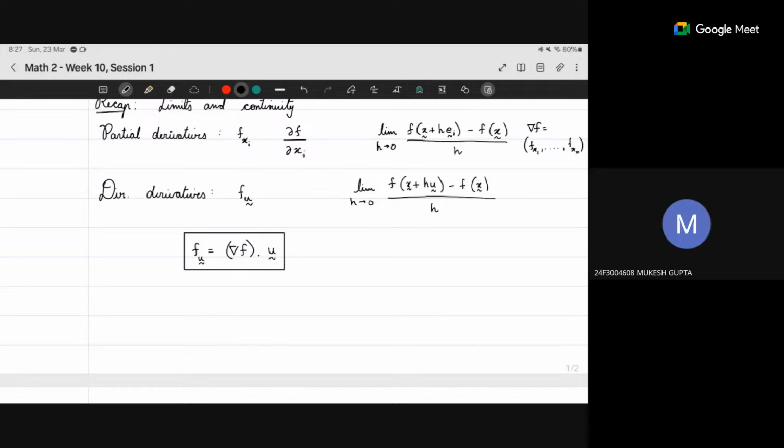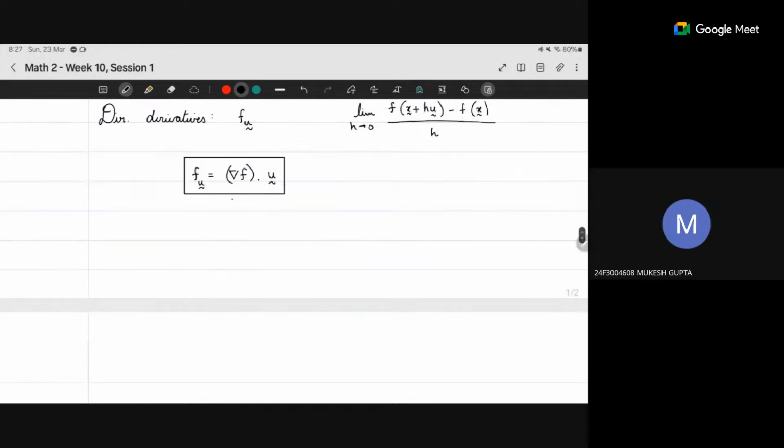That is not enough, they should exist and be continuous. All partial derivatives existing is the same as saying the gradient exists, and it should be continuous. I've not written down the point, but if you're looking at a point, then you just need existence and continuity of the gradient at that point.